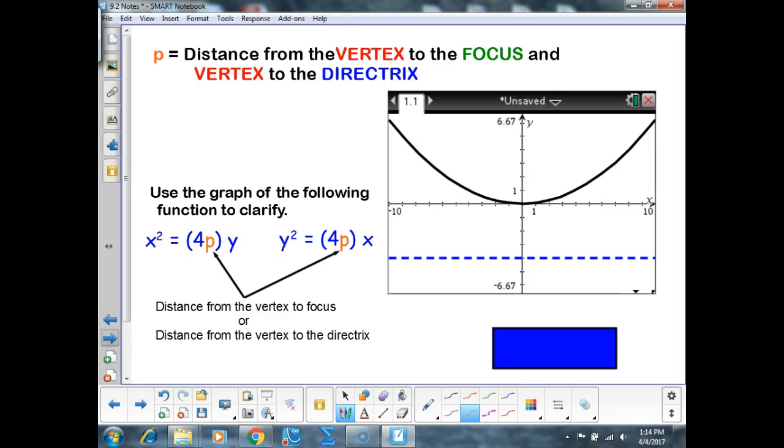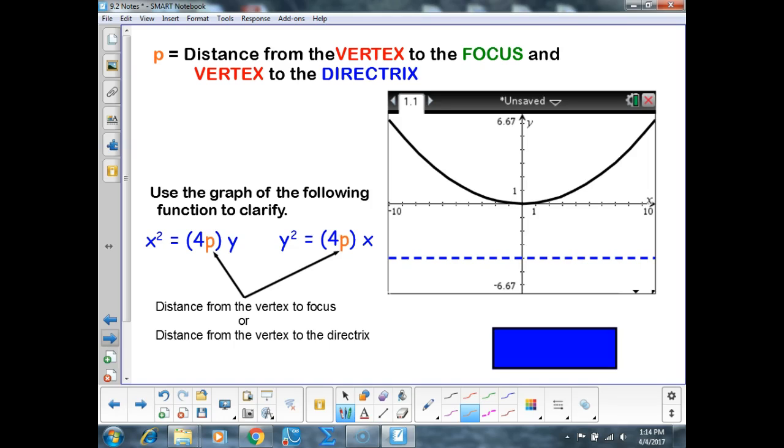So, the basic parabolic function, if you will, looks like either x squared equals 4 times p times y, or it looks like y squared equals 4 times p times x. Okay?